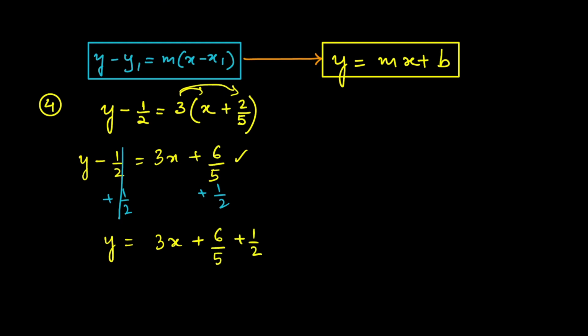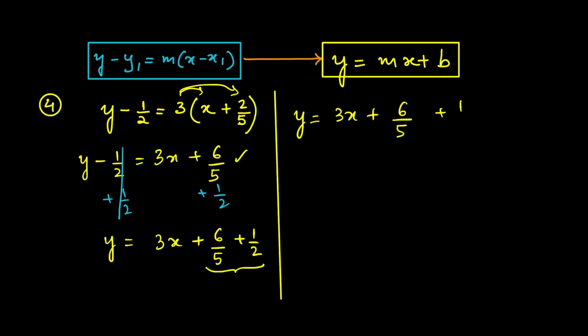So these two when we add, how do we add these? By making the denominator the same for them. So y equals 3x plus 6/5 plus 1/2. To make the denominator the same, we multiply this by 2 and this one by 5.